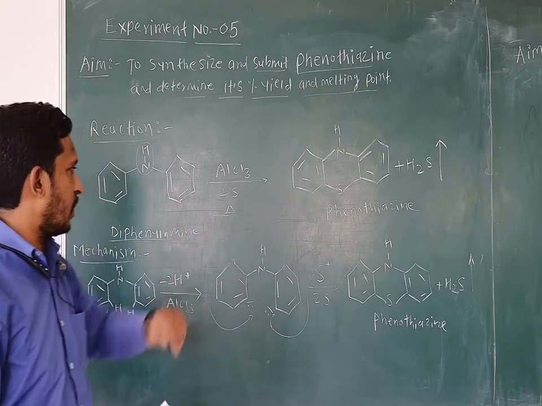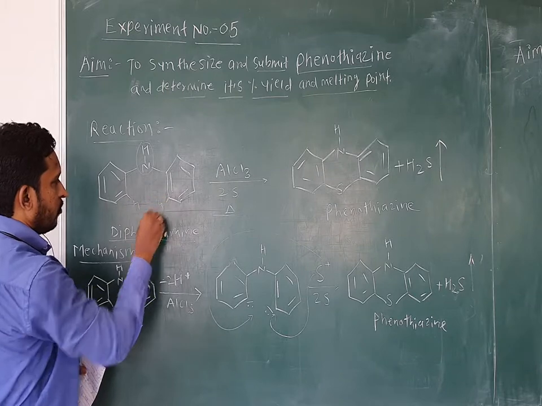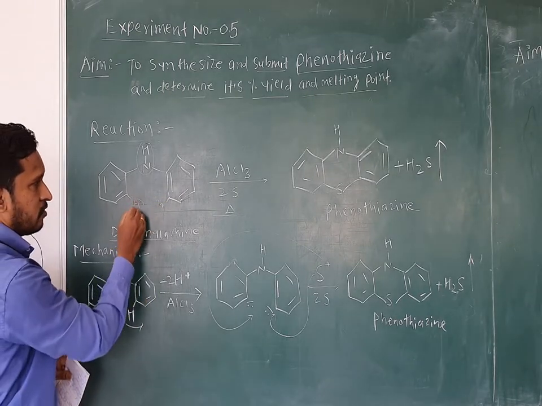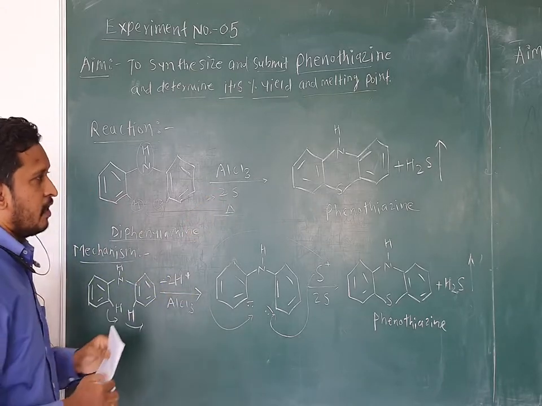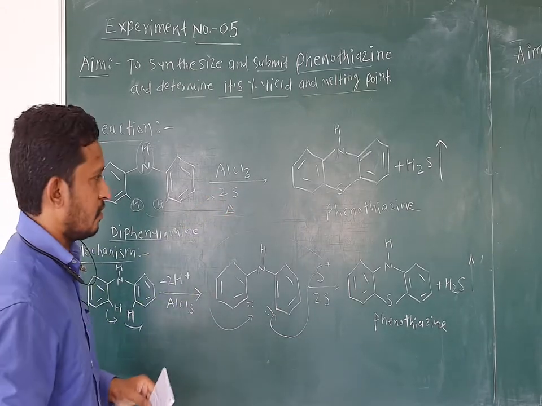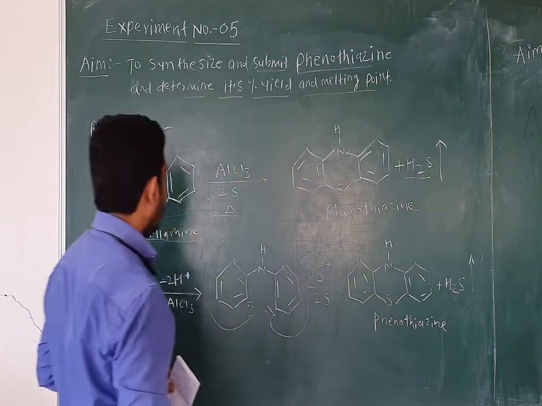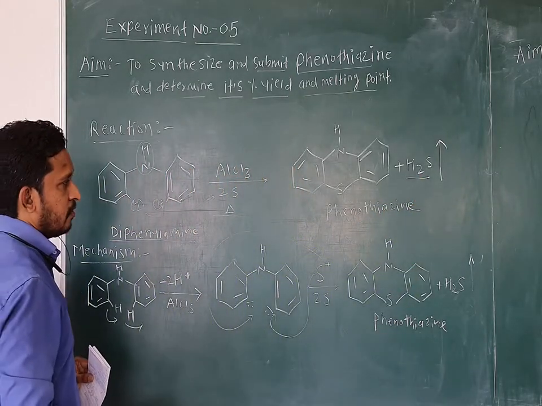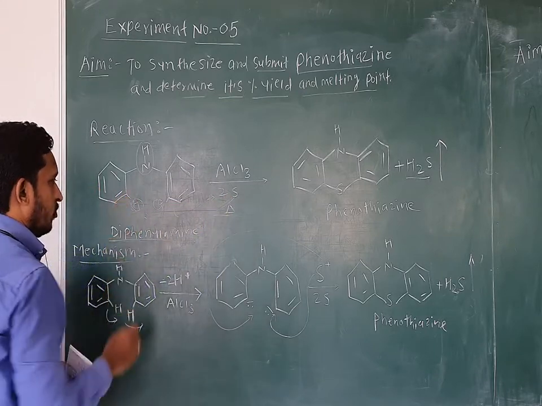First of all, hydrogens are present. These 2 hydrogens will combine with 1 sulfur and are removed as hydrogen sulfide gas. You can see here the hydrogen sulfide gas will be removed. The remaining sulfur will be attached to the carbon atoms of both rings, and finally we get phenothiazine.